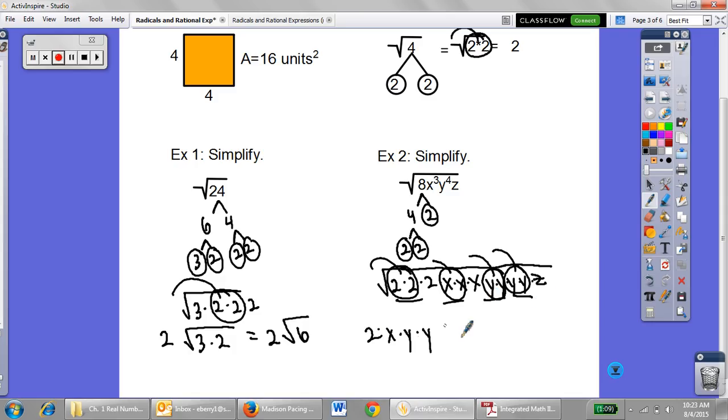And all of these are being multiplied on the outside of the square root sign. Now what's left underneath the square root? I have a 2 from here, an x, and a z. My last part to simplify would be to multiply these out here, this expression. So this is 2xy squared, square root of 2xz. And that is my final answer.